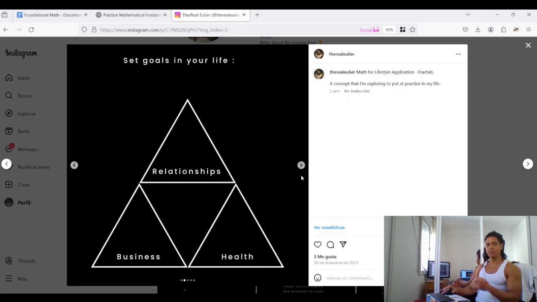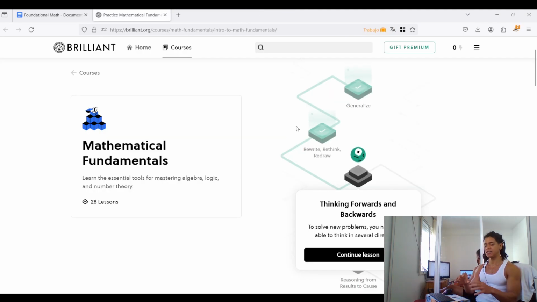So that's the power and beauty of looking at particular patterns in mathematics, in this case mathematical fractions, and seeing how you can apply them to your life. I think this is where the core of mathematics is: not only in the knowledge, not only in the learning, but also in the practice.